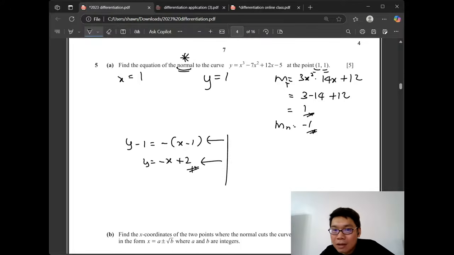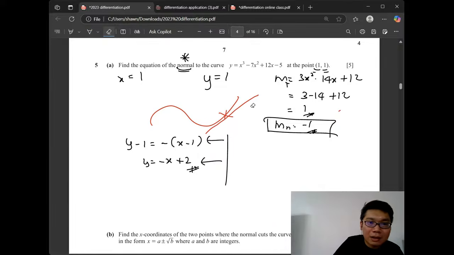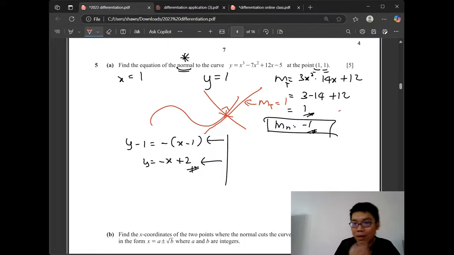Equation of normal, you always need to remember it involves the idea that, for example, the graph is like this. Sorry, it's a bit ugly. If the gradient of tangent is 1, then the gradient of normal is perpendicular with it.